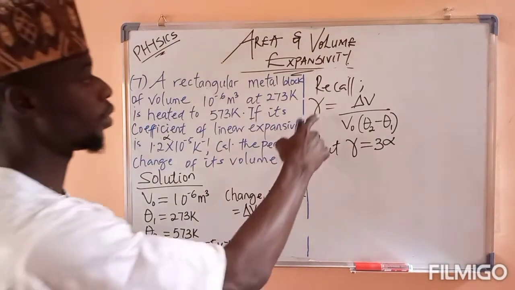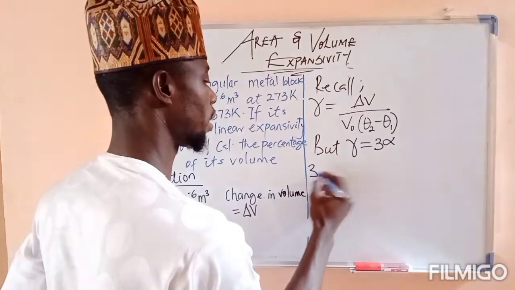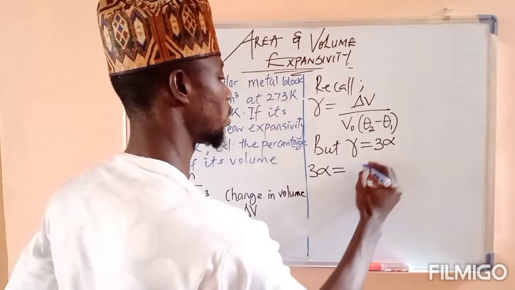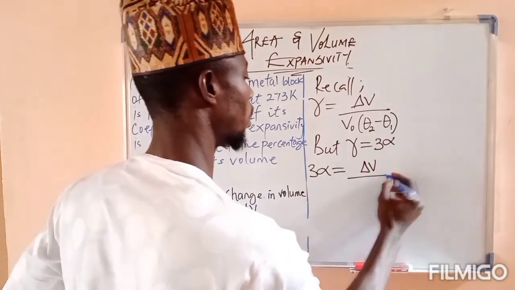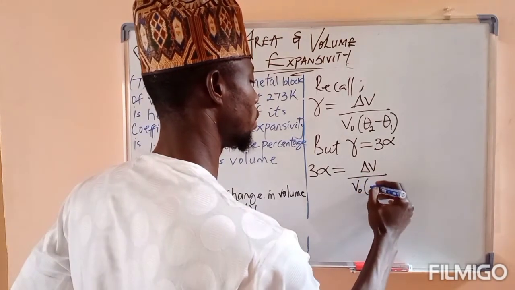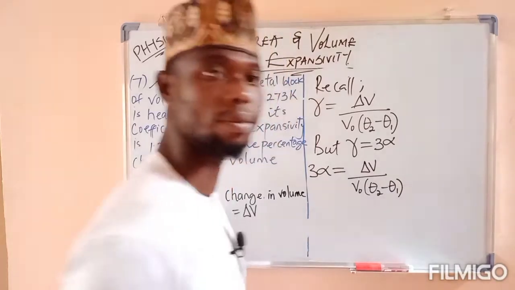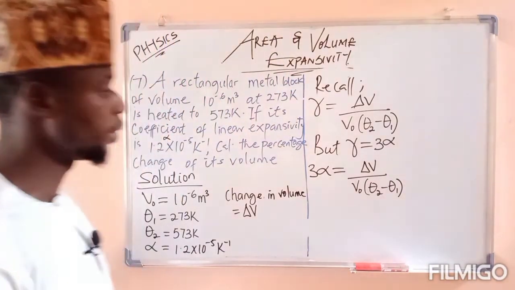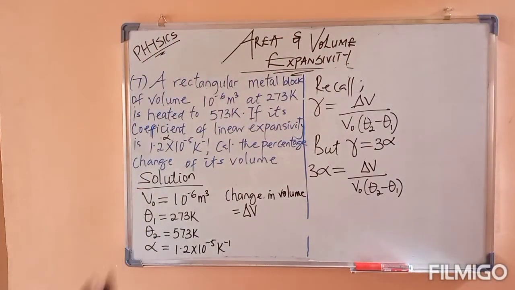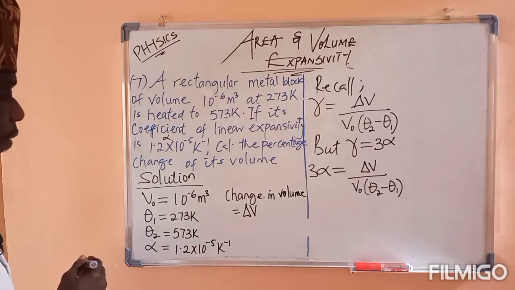So in our formula, I will now put 3 alpha is equal to change in volume all over original volume into theta 2 minus theta 1. Is that clear? Good. Then I now substitute my values.